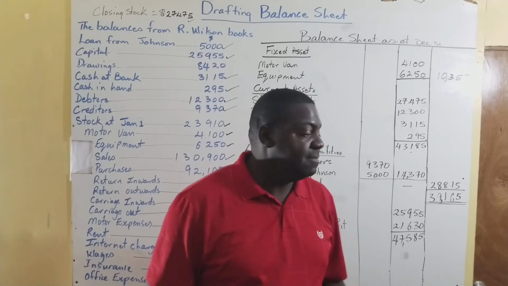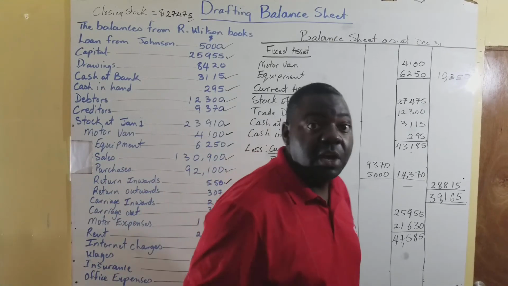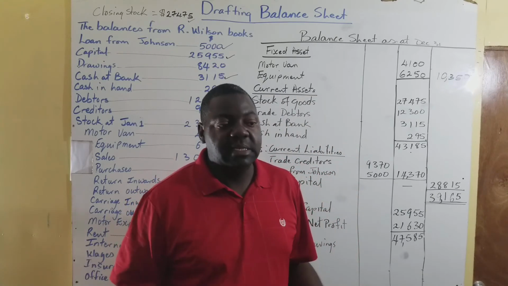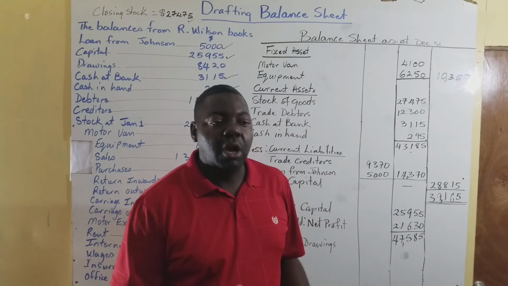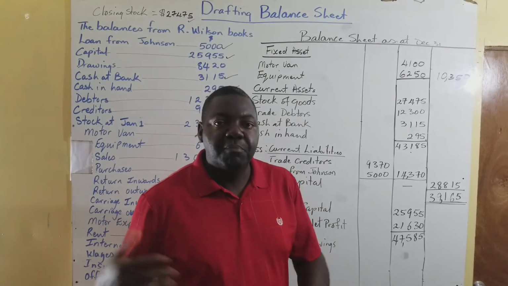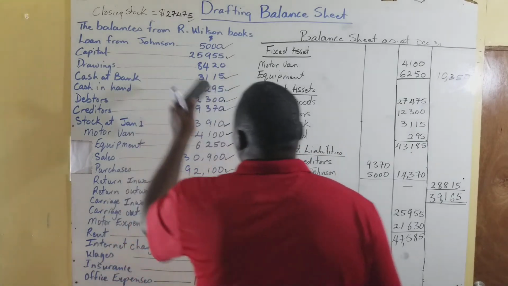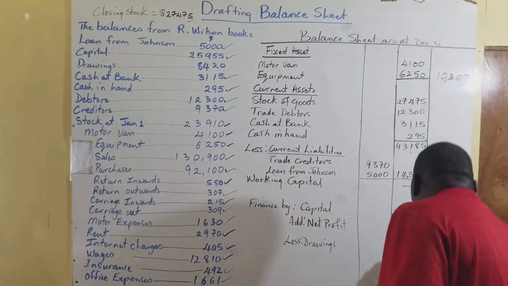So we're subtracting it. Remember, drawings is where the owner has withdrawn money or assets or goods from the business for their personal use. So we're deducting that value. It's 8,420.